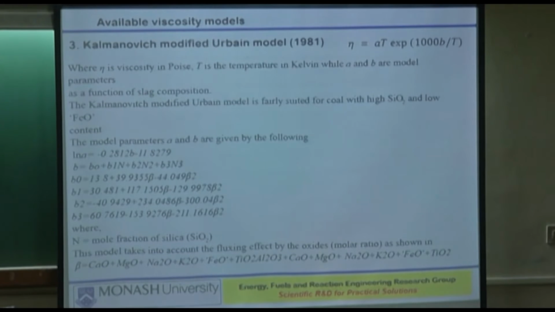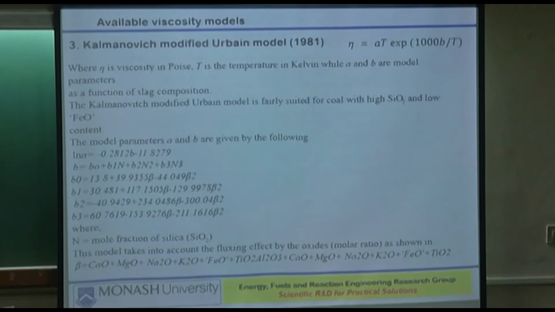This modified Urbane model is fairly suited for coal with high silica and low FeO content. So people do look into the FeO as well when they look at the overall iron content, because that has a significant effect.